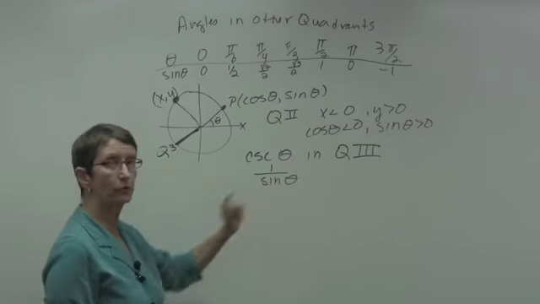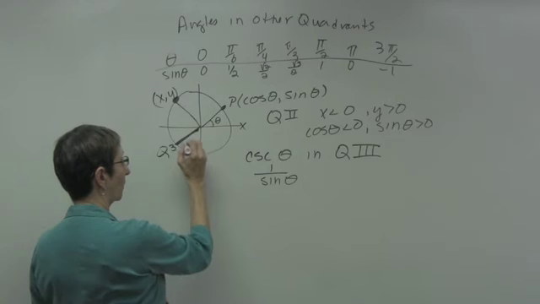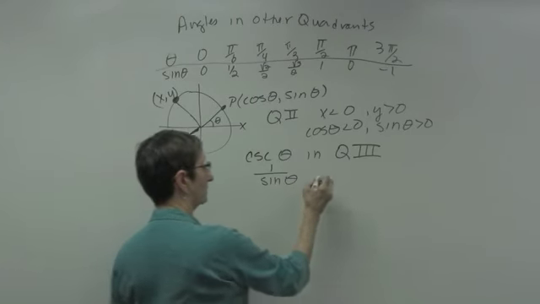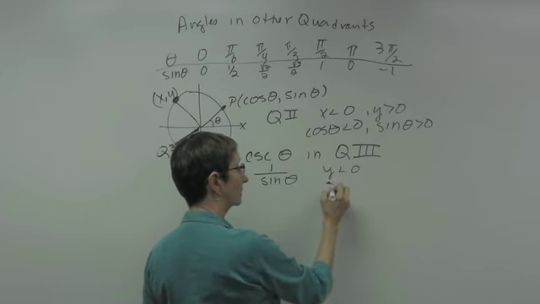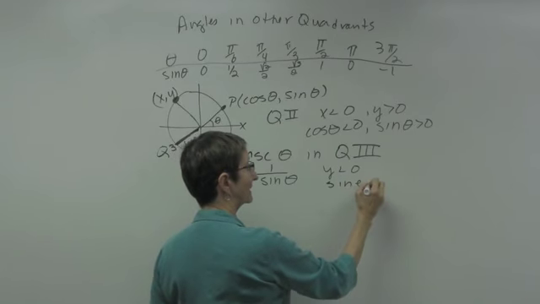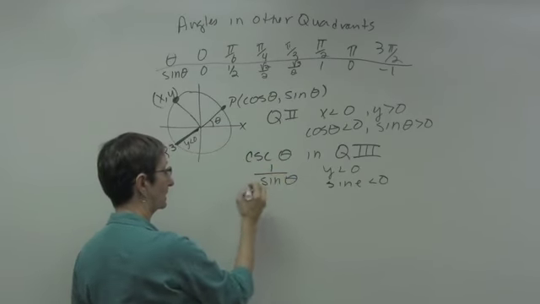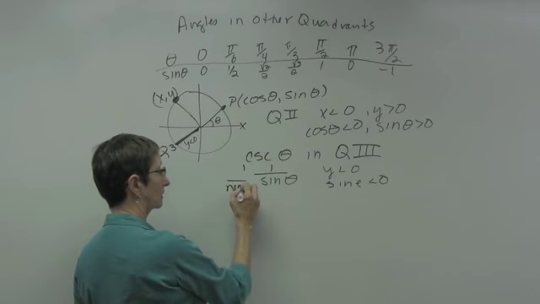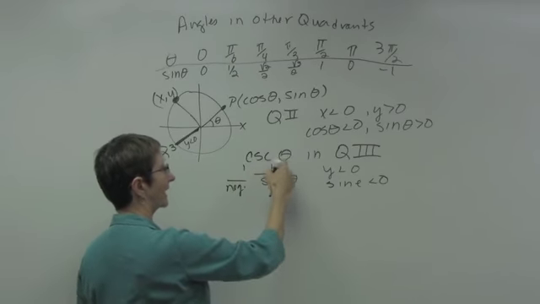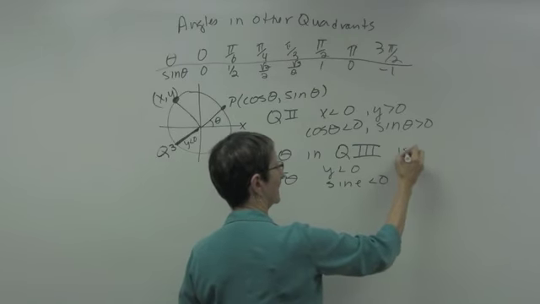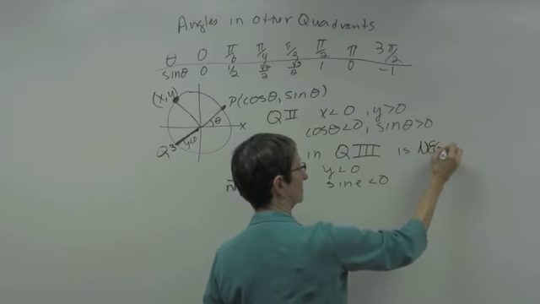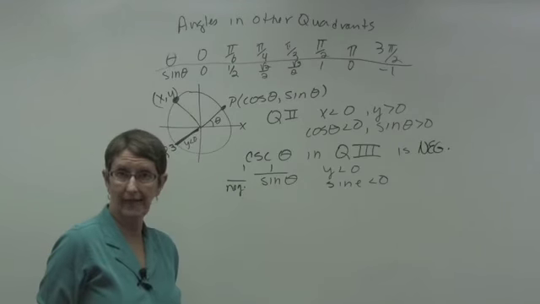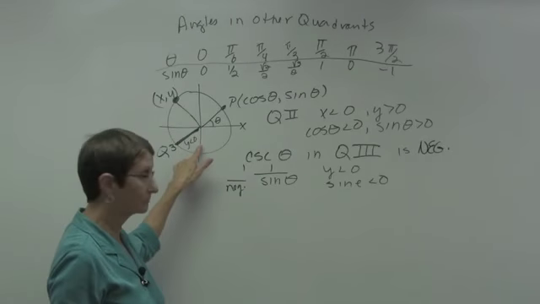The sine in the third quadrant, what's y down here? Y is less than 0. Sine is less than 0, so this is going to be 1 over some negative number, which means cosecant in quadrant 3 is negative, because I can think of it in terms of sine and y.